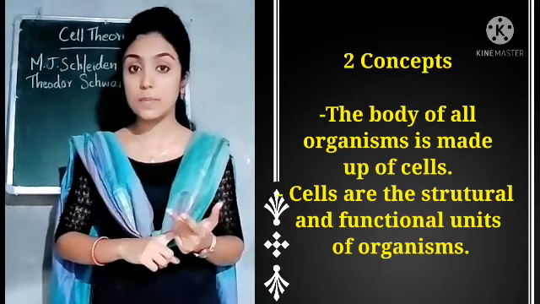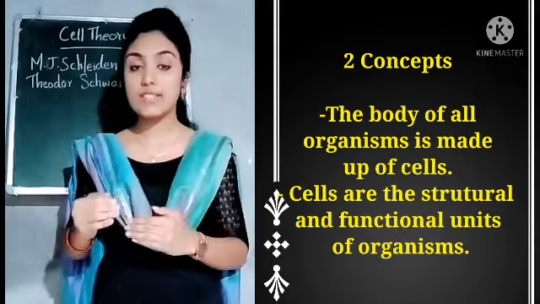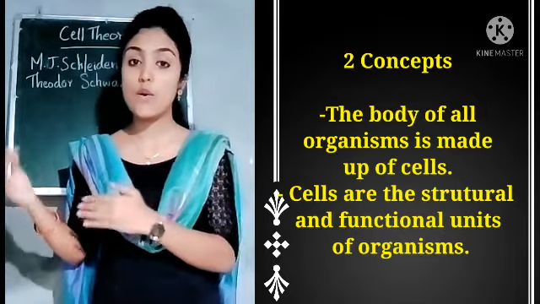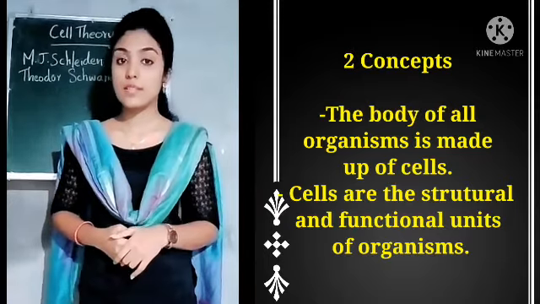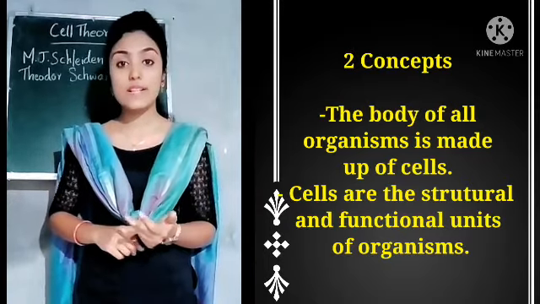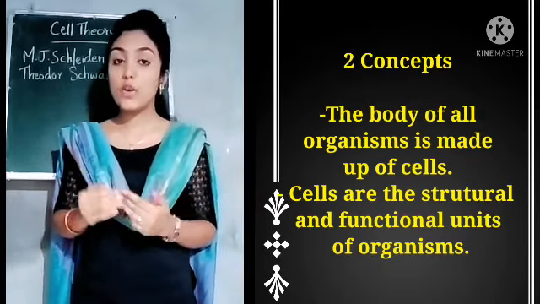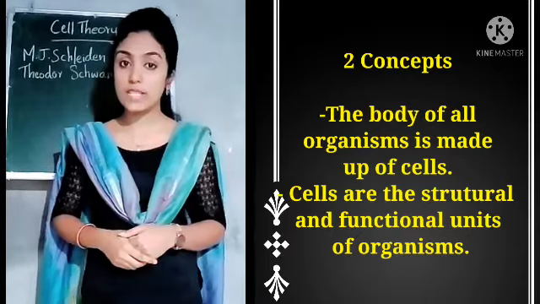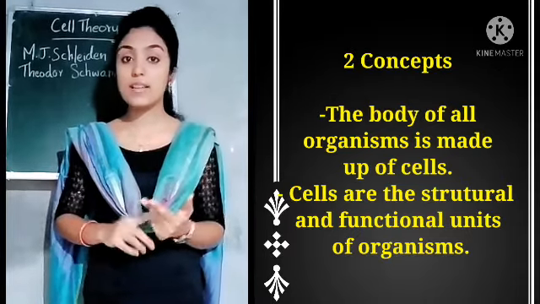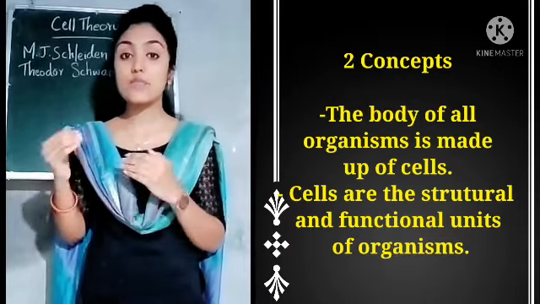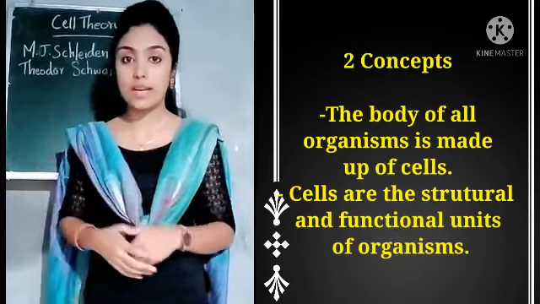And the second concept is cell is the structural and functional unit of all organisms. So let us say it once more. The first concept is the body of all organisms is made up of cells, and the second concept is cells are the structural and functional units of all organisms.